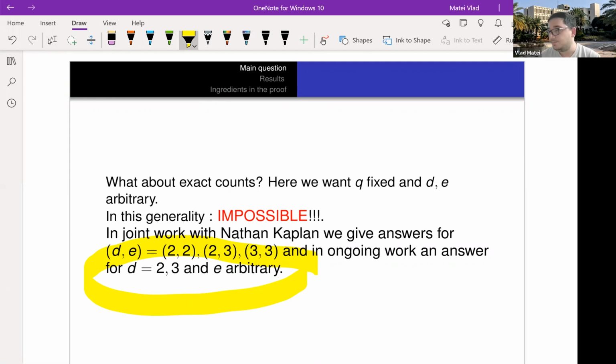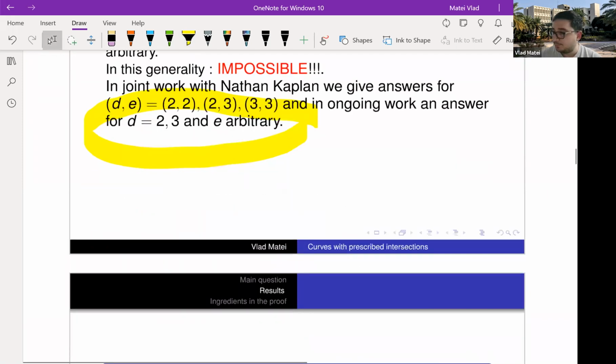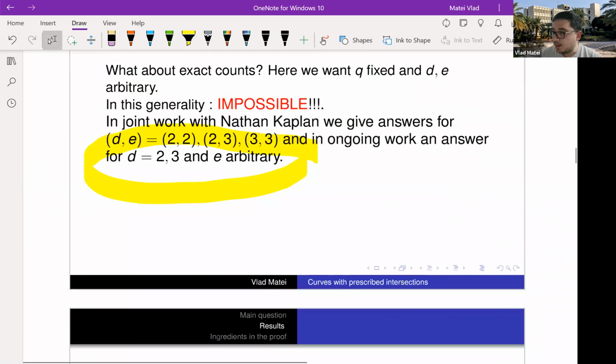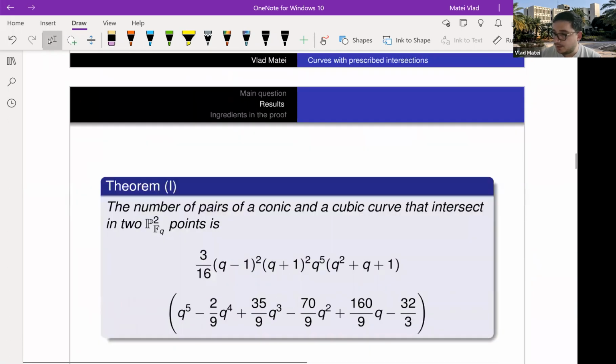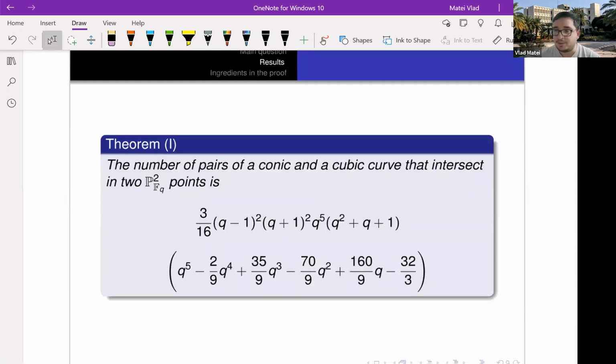So basically, this is conic and conic, conic and cubic, and cubic and cubic, and then you can do conic and cubic and arbitrary degree. Okay, and I would say that this is the border case. We can't go any further than that, and you kind of understand why this is the border case as we go along.